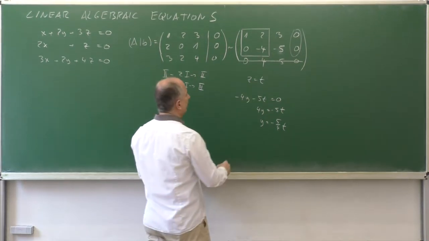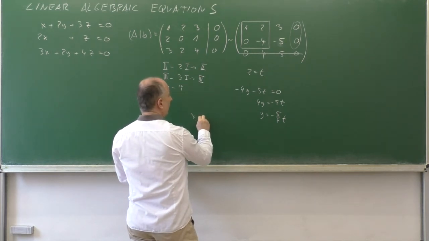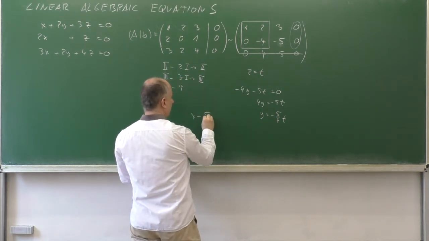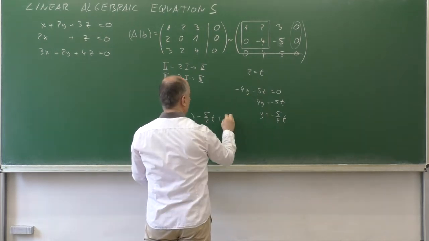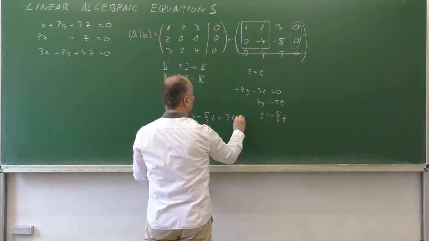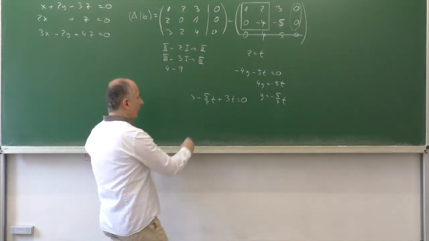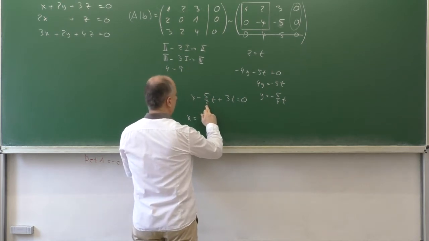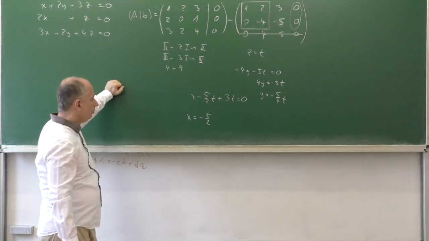And the first equation becomes x plus 2y, but y is minus 5 over 4 t, so we have minus 5 half t, plus 3z, but z is t, so plus 3t, this is 0. So x is, this is 2.5, so this is 1/2 of t, so x is minus t half.